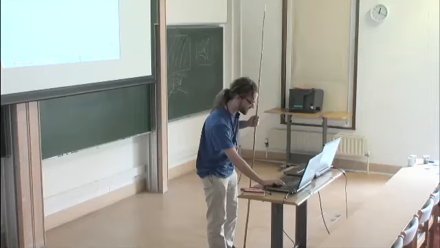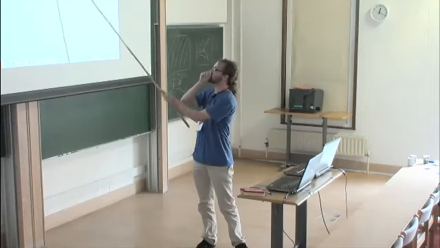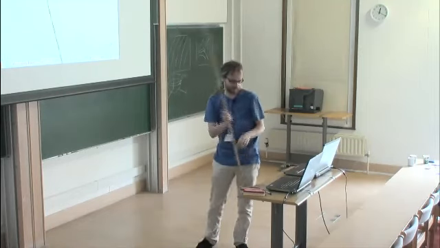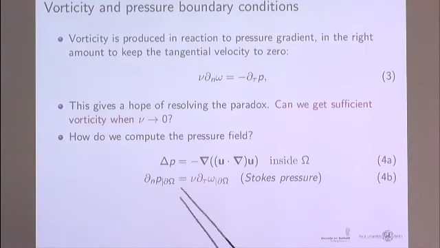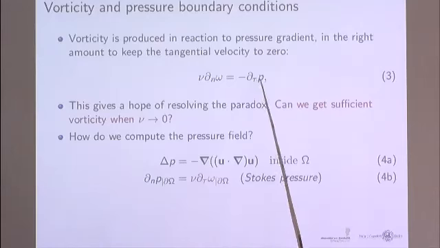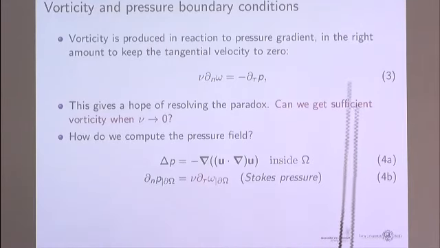And also how to compute this pressure field here. In fact, you can make a very quick computation from the Navier-Stokes equations, and you see that the pressure field also depends on the tangential gradient of vorticity at the boundary. So this is in fact a nonlinear boundary condition for the vorticity field.